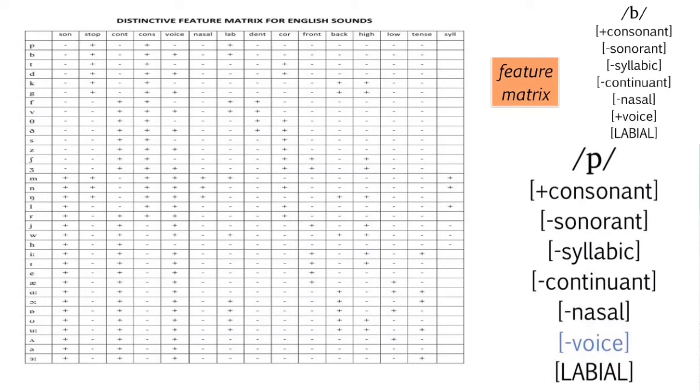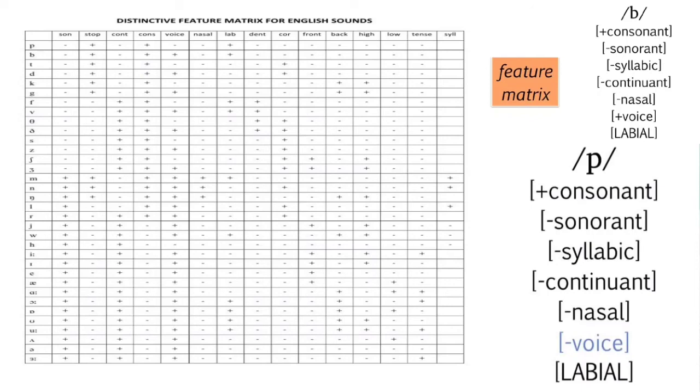In this slide, I would like to explain the feature matrices of B and P. First, B is a consonant, meaning it has some obstruction in the vocal tract, so it gets the feature consonant indicated with a plus sign.